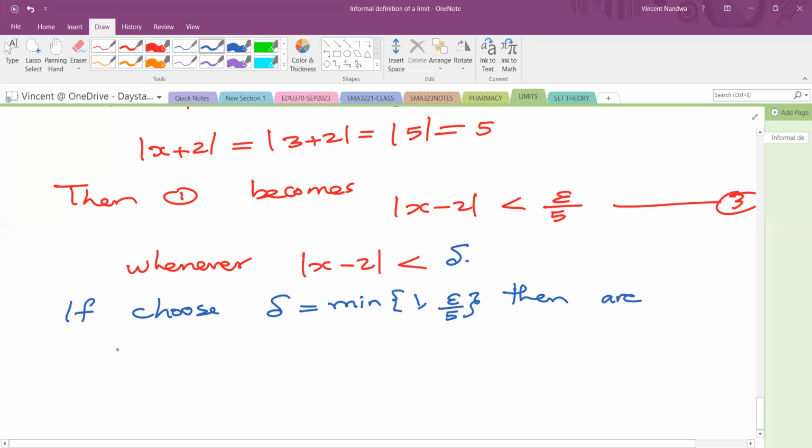Or in simple terms, if we pick the smallest value, either 1 or epsilon over 5, for delta, then we will have proven that indeed the given limit is a true statement.